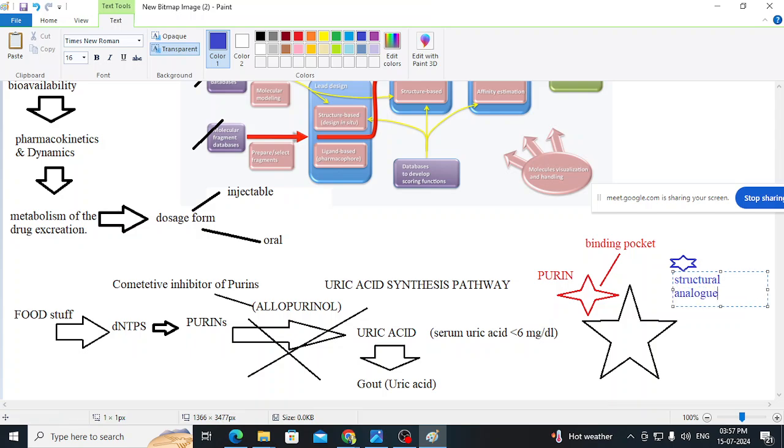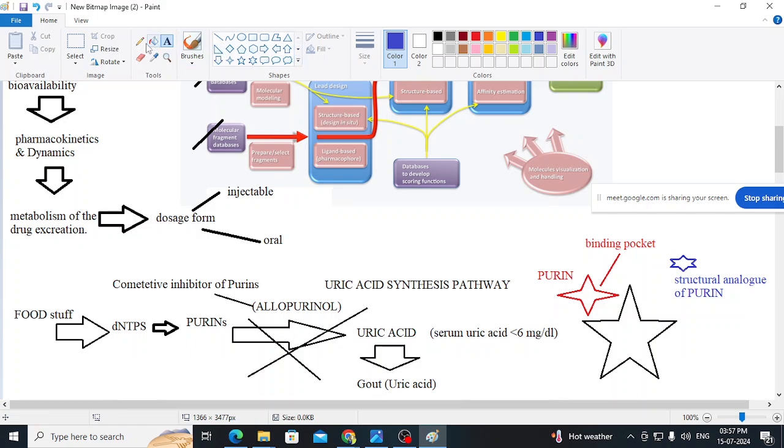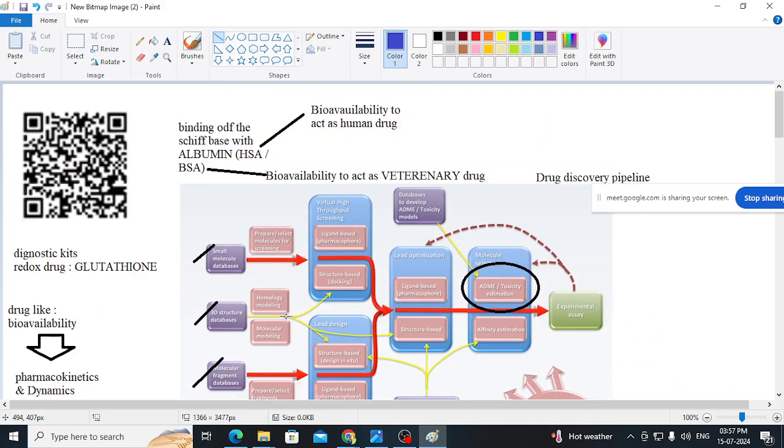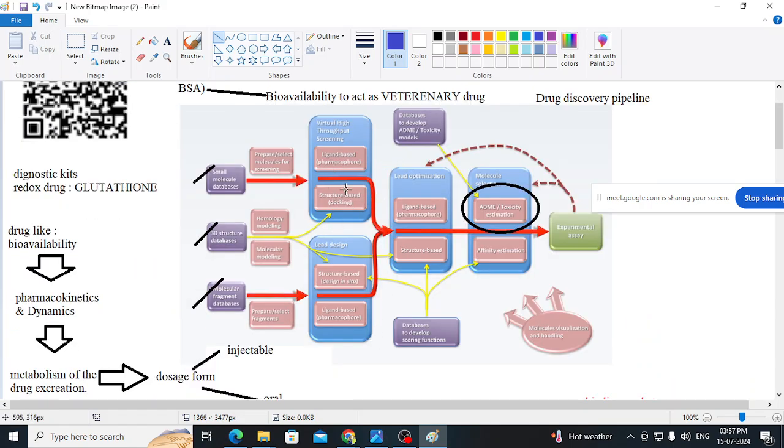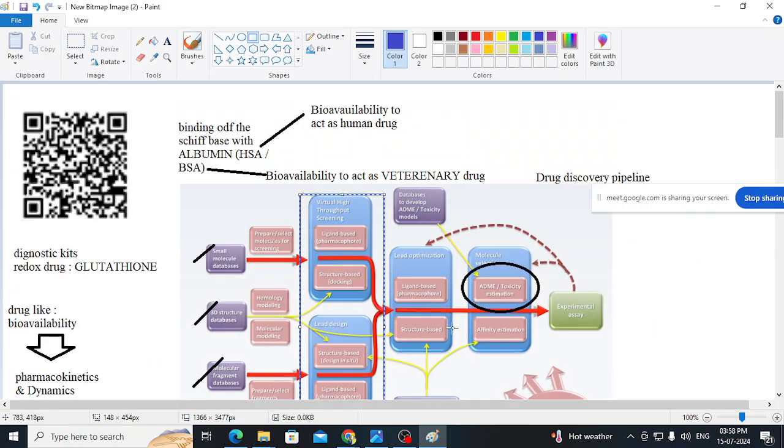It will come and bind here, and therefore this binding pocket will be eradicated. So identification of a binding pocket is very, very important. Here also, as you can see, structure based docking, structure based in situ design, lead design, and all such, this particular step is dedicated to identifying a structural analog.